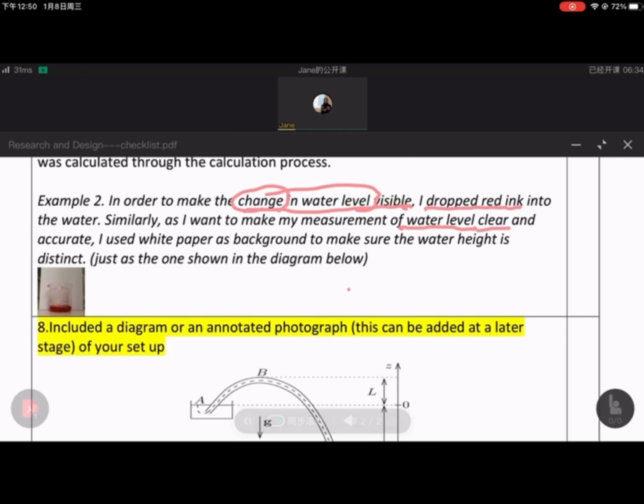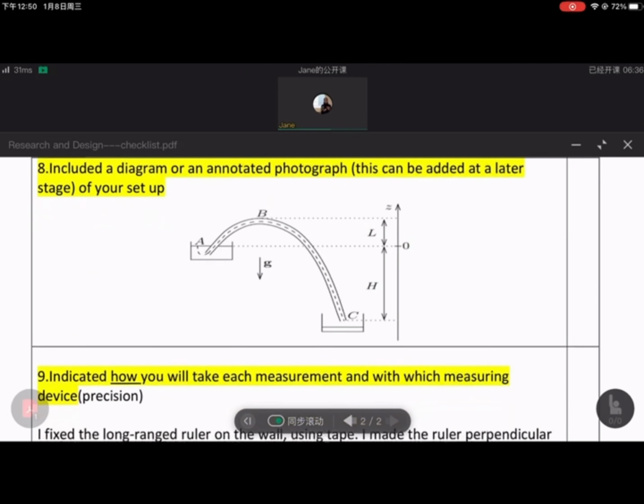All right. Now let's move on to checkpoint 8, which is also very important: try to include, and it is highly recommended to include, a diagram and annotated photograph in your paper. It helps you to describe the procedures and design of your method, and this will help a lot to get your communication across more clearly.